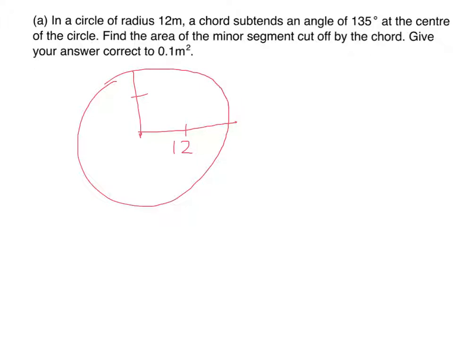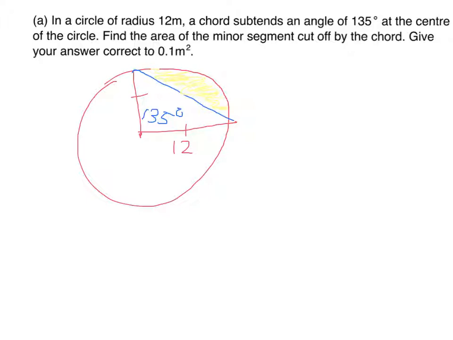Here's our chord, and that is subtended by this angle of 135 degrees at the centre of the circle. Find the area of the minor segment cut off by the chord. So we're trying to find the area of this minor segment. Give your answer correct to one decimal place.